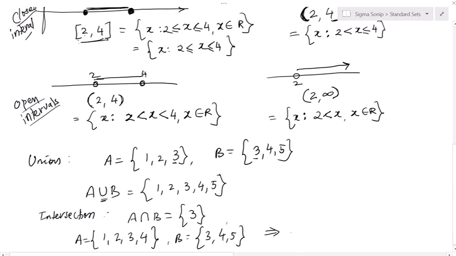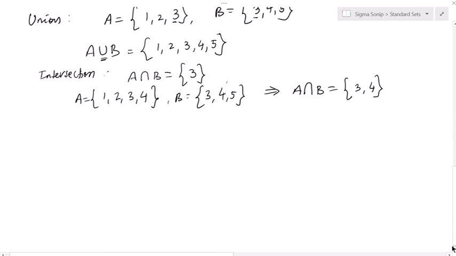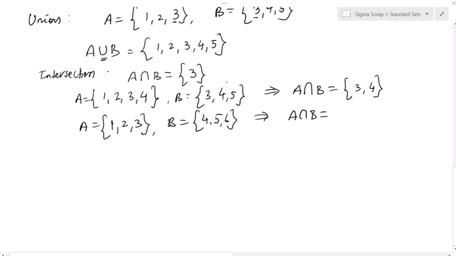That implies that A intersection B is equal to 3 and 4. If there is nothing common between the two sets, suppose A is equal to 1, 2, 3, and B is equal to 4, 5, 6, then A intersection B is equal to an empty set. We call it an empty set, or it's also indicated by that symbol, which stands for this.